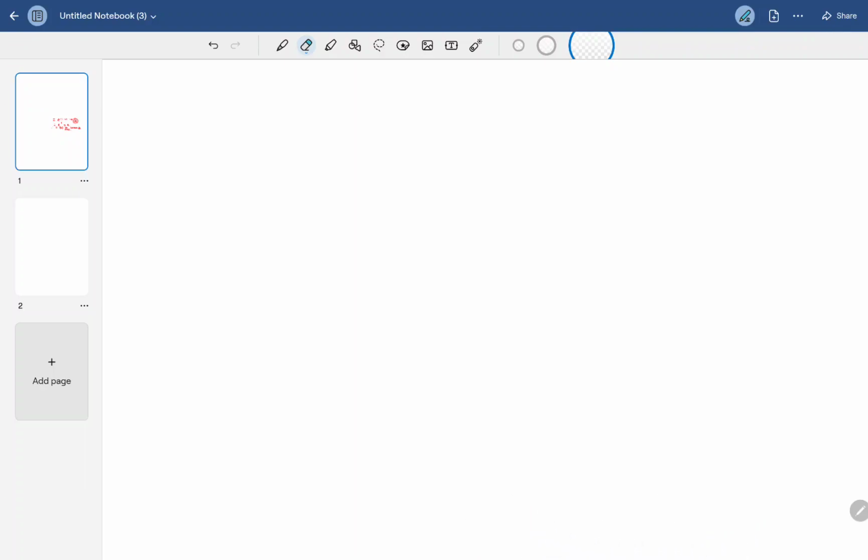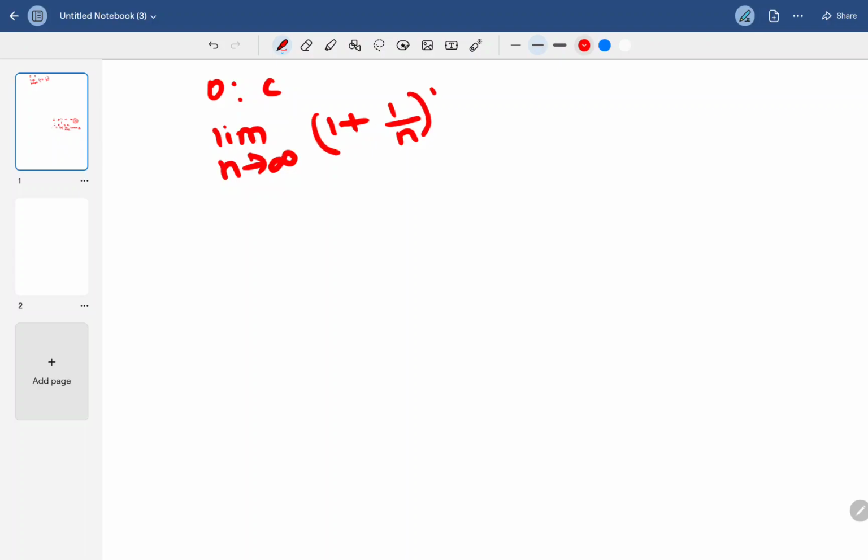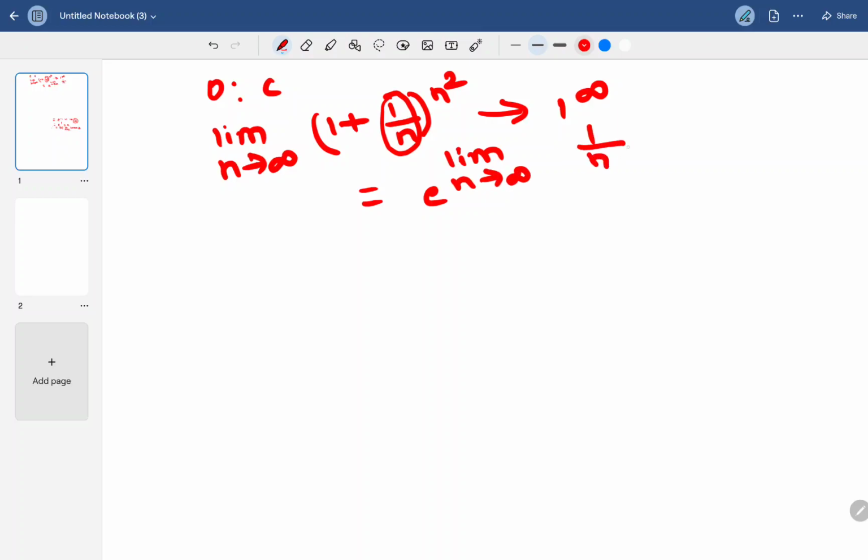Here option C is given: limit n tends to infinity of (1 plus 1 by n) power n square. As n approaches infinity, 1 by n tends to 0. Again, it is of the form 1 power infinity. The same result I am going to apply. e power limit n tends to infinity, where f of x is 1 by n, g of x is n square.